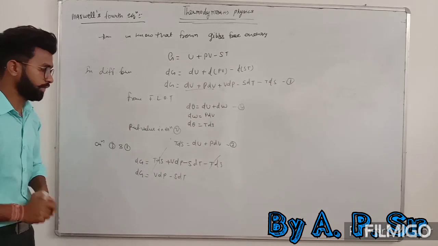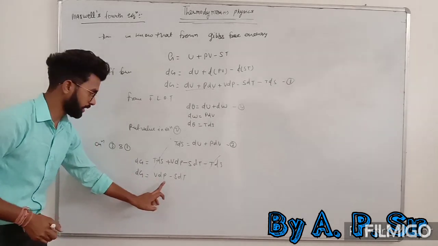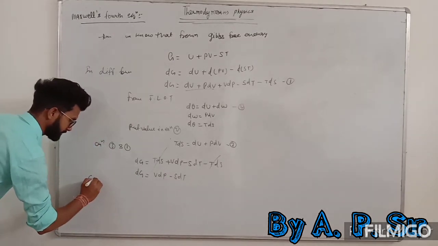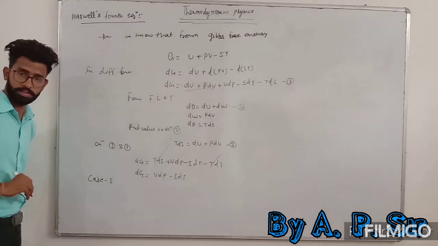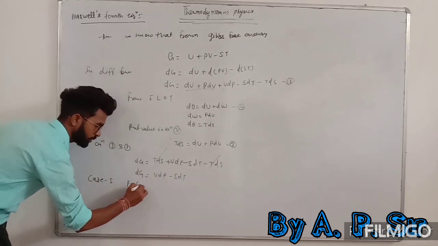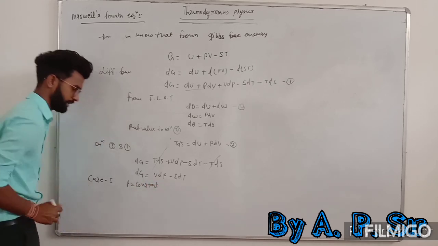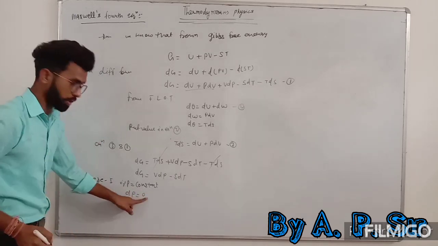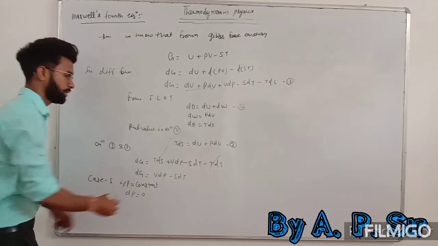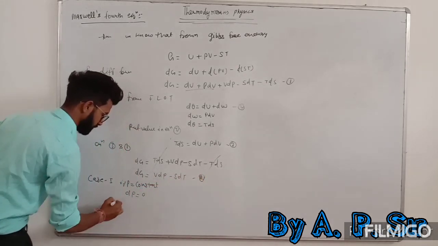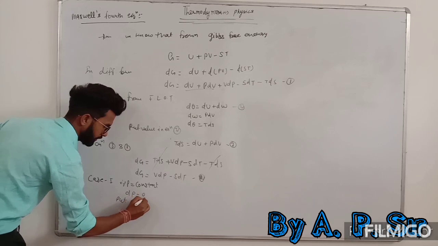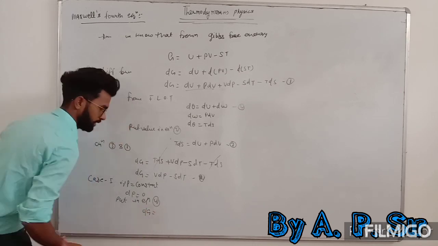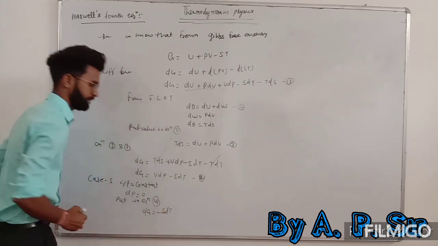There we have two thermodynamic coordinates in differentiation form, then we apply two cases. Case first is P equals constant. If P equals constant, then the differentiation form of P is also 0. Put in equation 4, we obtain dG equals minus SdT.